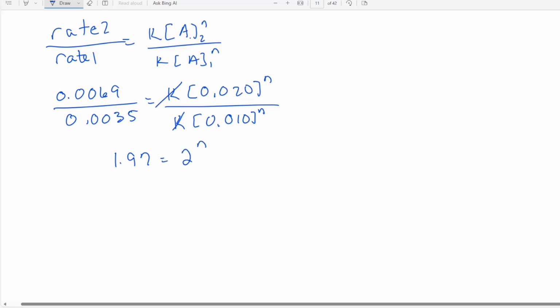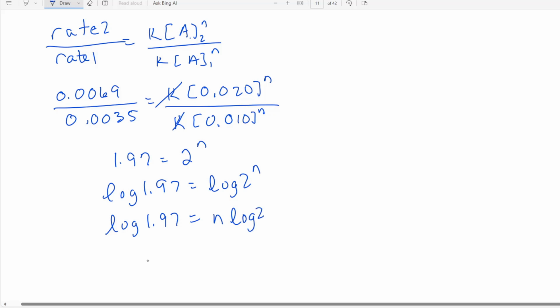Now we need to take the log of both sides. So the log of 1.97 is equal to the log of 2 to the N. So the log of 1.97 is equal to N log 2. So we get N is equal to the log of 1.97 divided by log 2.